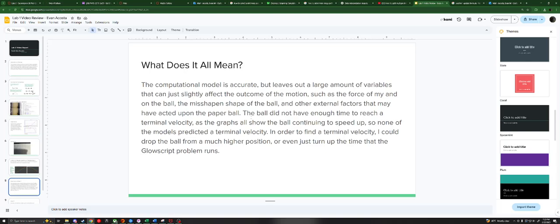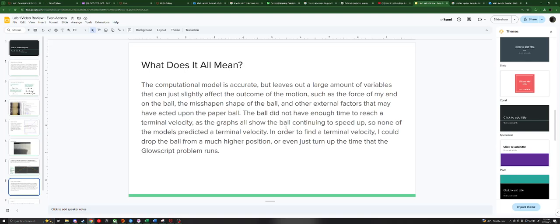It's got edges and ways that the air can be trapped around it. And there are other external factors that may have acted upon the paper ball, such as maybe even the air conditioning in my room or a fan blowing on it. The ball did not have enough time to reach the terminal velocity.